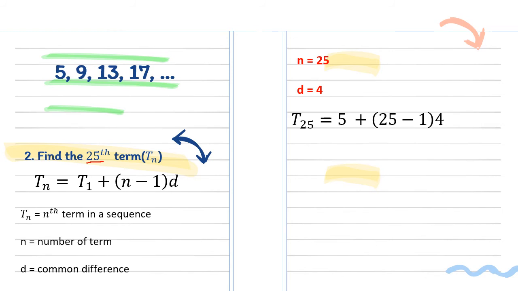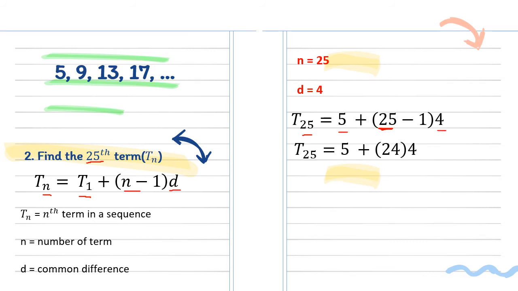So tₙ, or t₂₅, is equal to t₁, which is 5, plus n, again 25, minus 1, multiplied by d, or 4.